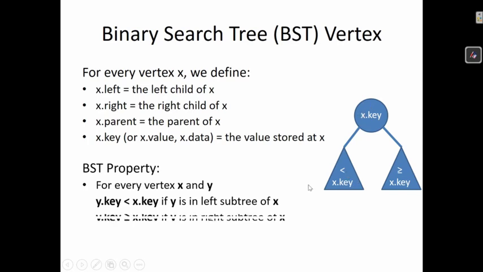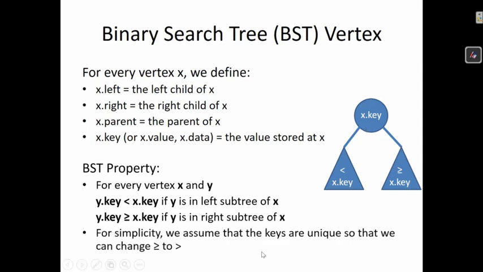And the key of y is bigger than or equal to the key of x if y is in the right subtree of x. So everything in the right subtree must have a key bigger than or equal to the key of x. For simplicity, we just assume all the keys are unique, so we change bigger or equal to just bigger.